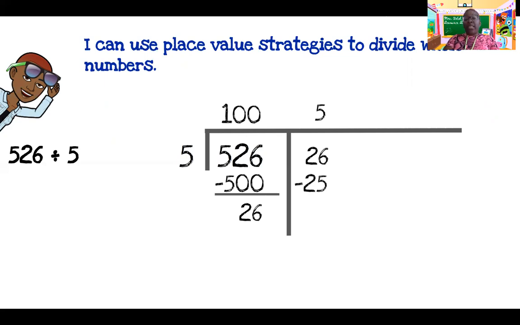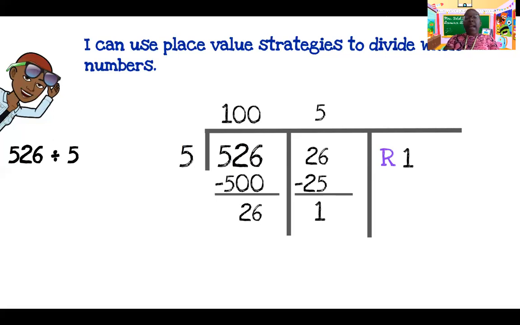And so if I do 26 minus 25, I'm left with, that's right, I'm left with 1. And so just like we did before, we take our 1 and we slide it on over. But here's the thing. Can 5 go into 1? No, it can't because it's smaller. And so because the number is smaller than 5, it becomes what we call our remainder. And that's what the R stands for.